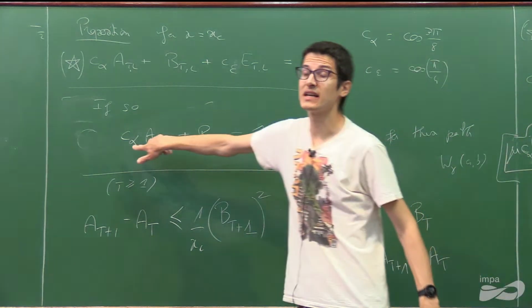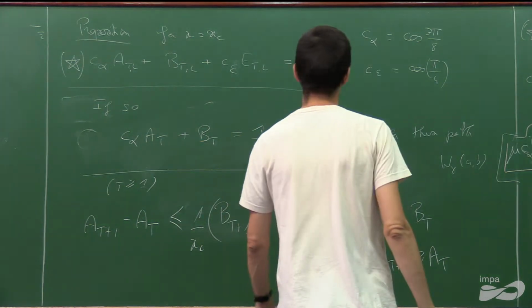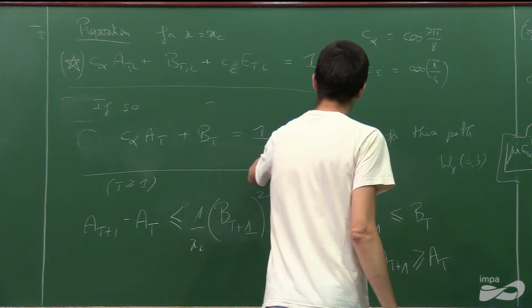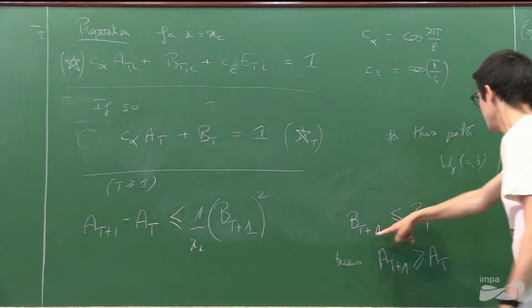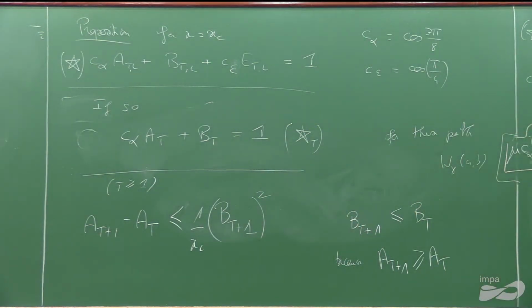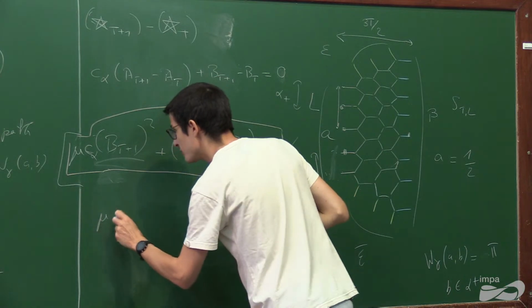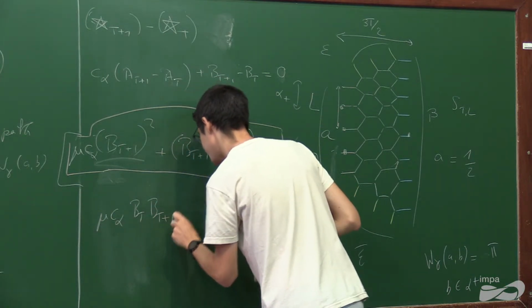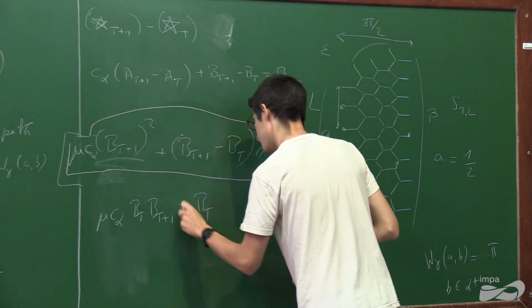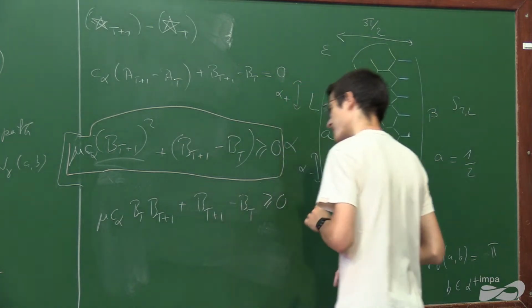And because of this identity, which I called star T, because AT is increasing, BT has to be decreasing. So here, I can replace this by mu C alpha, BT plus 1 minus BT, plus BT plus 1 minus BT is larger than 0.